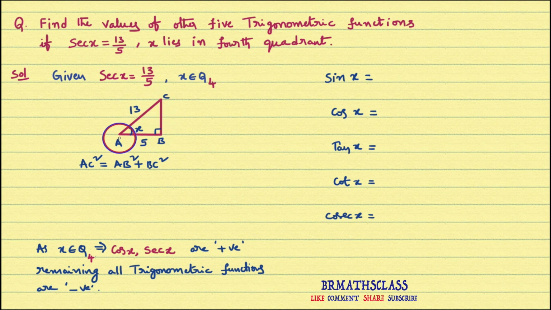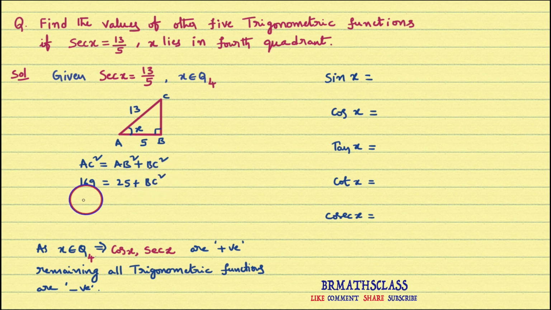As we know, it is a right angle triangle. In a right angle triangle, we know the Pythagoras theorem: square of hypotenuse equals sum of squares of the other two sides. Here I want to find the BC value. AC square, AC is 13, 13 square is 169, equals AB square, AB is 5, AB square is 25, plus BC square.